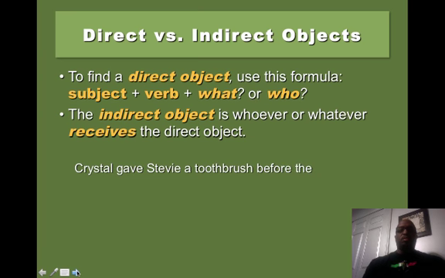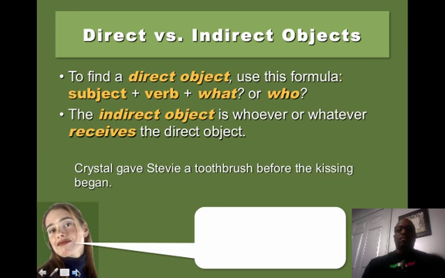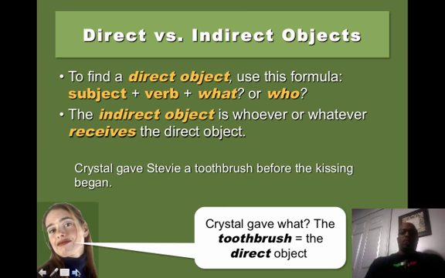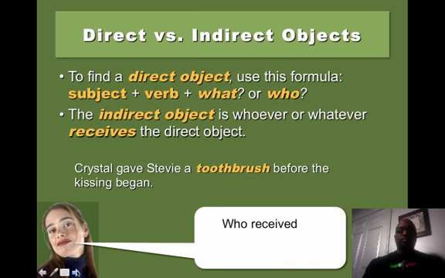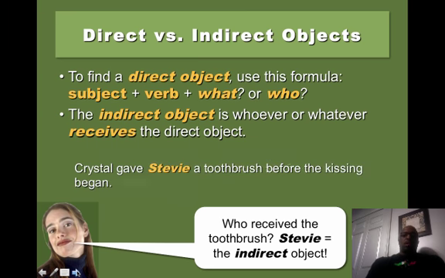Alright, so let's look at this. "Crystal gave Stevie a toothbrush before the kissing began." Crystal gave what? The toothbrush, in this case, would be the direct object because that's what was given. Who received it? Stevie, so he would be the indirect object.